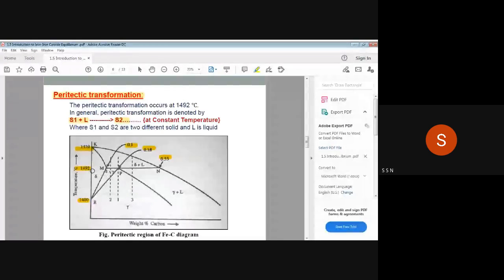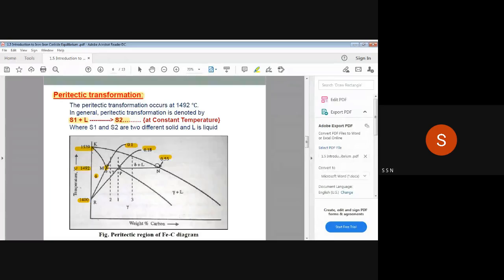At 1492 degrees Celsius and percentage of carbon present 0.1, the phase of this iron carbide will be solid, and that solid we are calling delta ferrite. Understand? At 1492 and percentage of carbon 0.1 inside the iron, the phase will be solid, that we are calling delta ferrite.